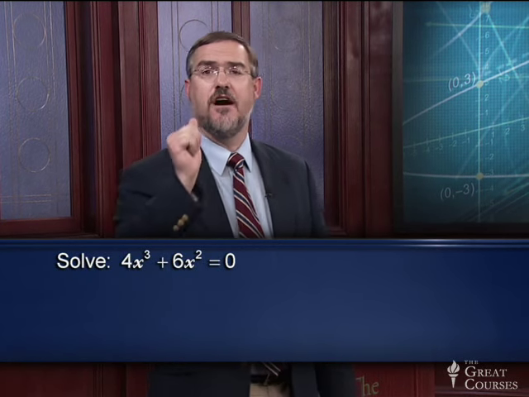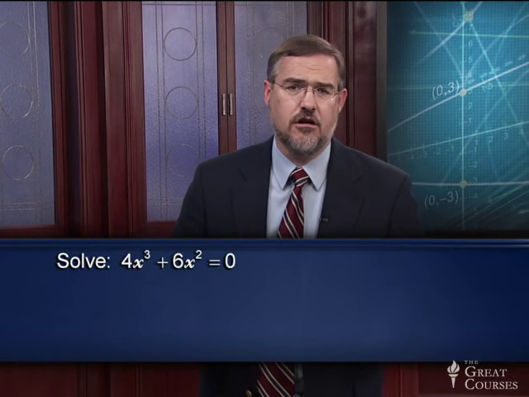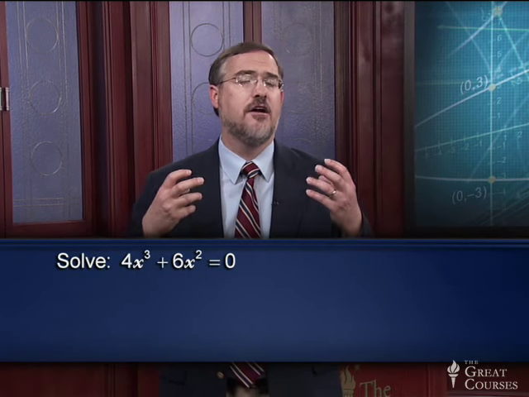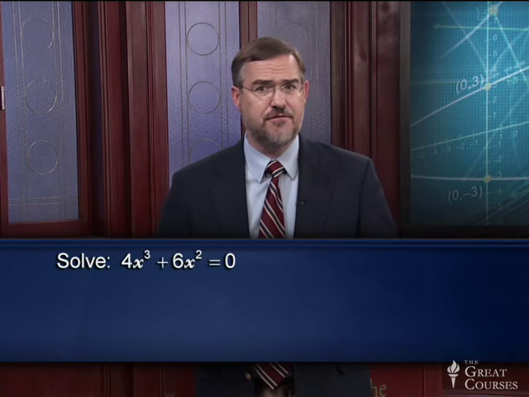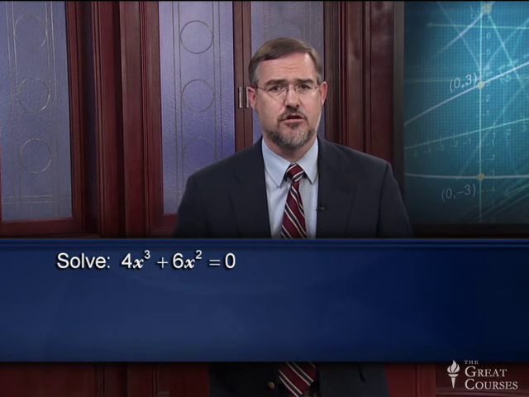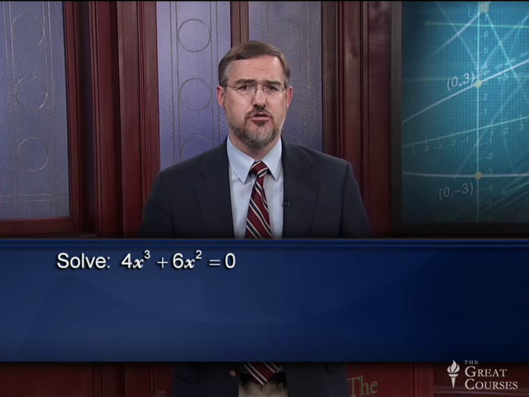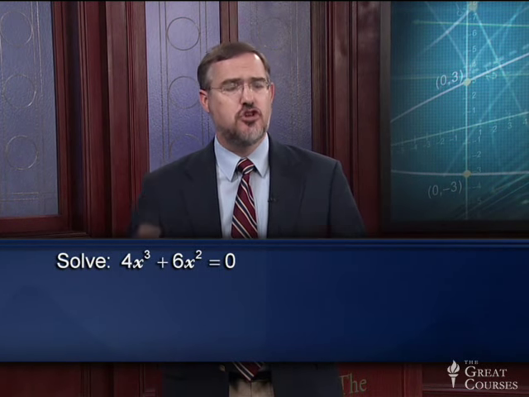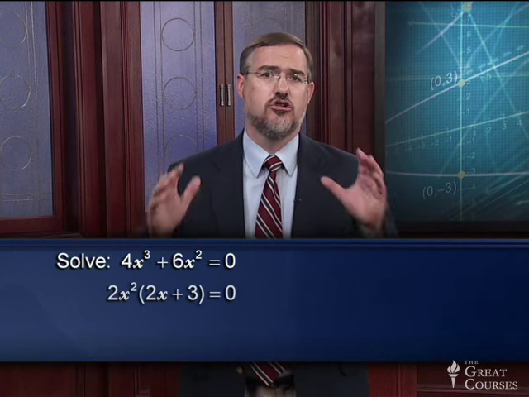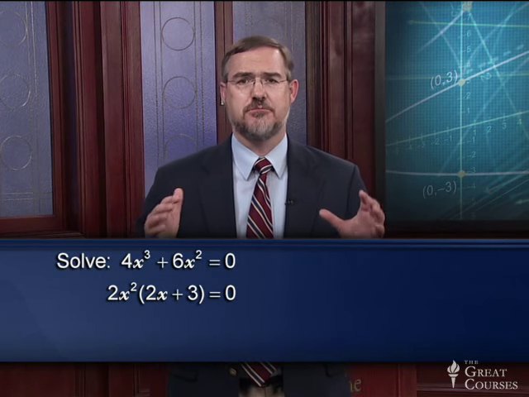Okay, so what did you find? Well, I'm going to start, I hope you started, by factoring out the common term. And in this case, you can actually factor an x squared out of both terms, and you can factor a 2 as well from the 4 and the 6. And when you factor out the 2x squared, you're left with 2x plus 3.